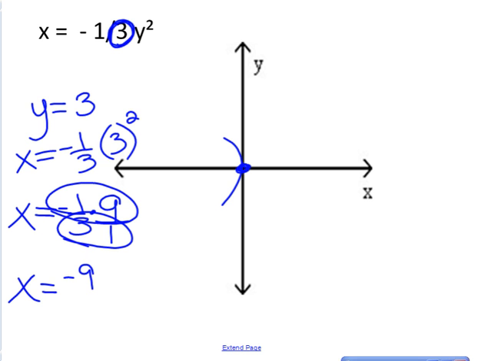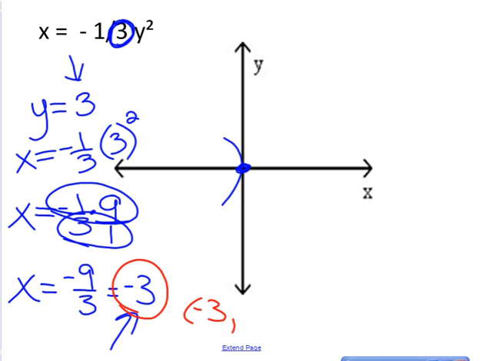So I have negative 9 over 3, which will reduce to negative 3. Notice, since I chose my original y value as the denominator, I now do not have to worry about a fraction that I'm graphing. So my x value is negative 3, and my y value is positive 3.